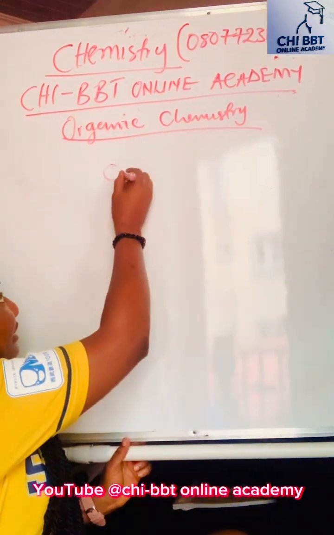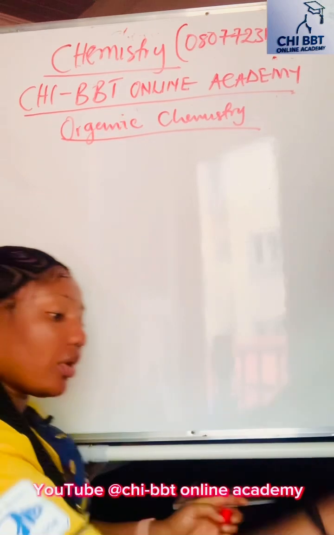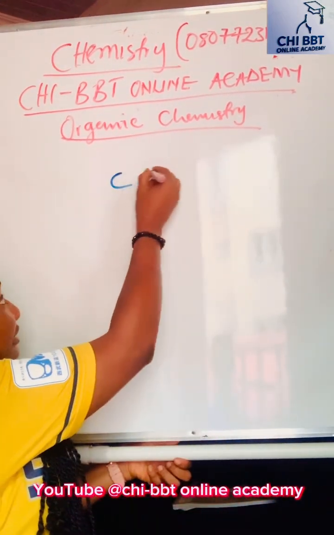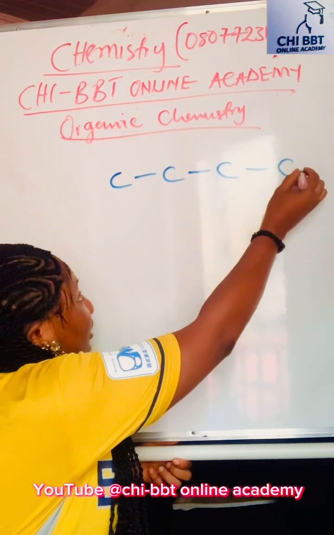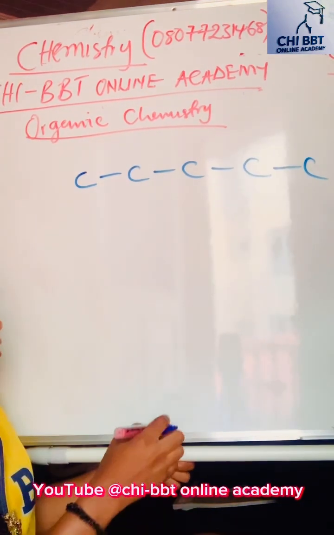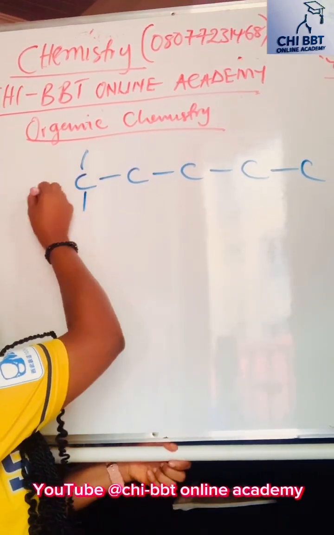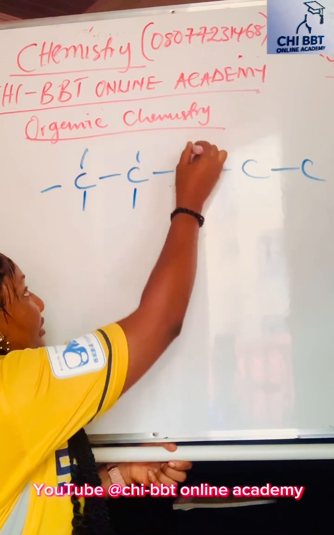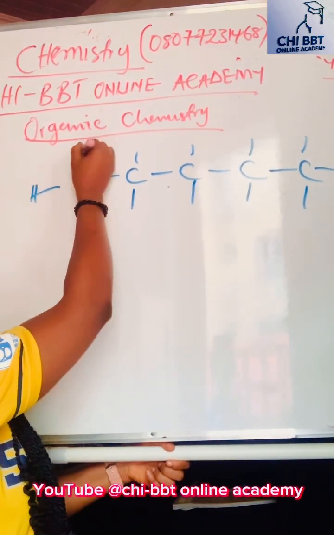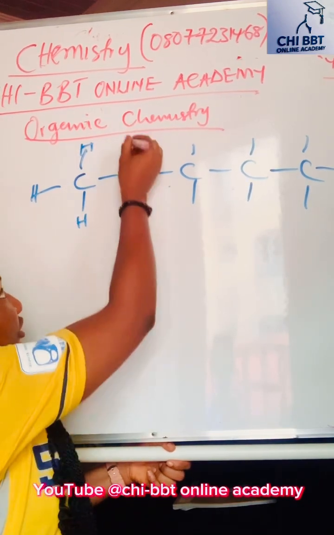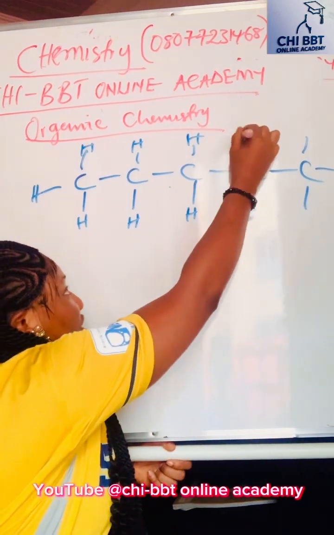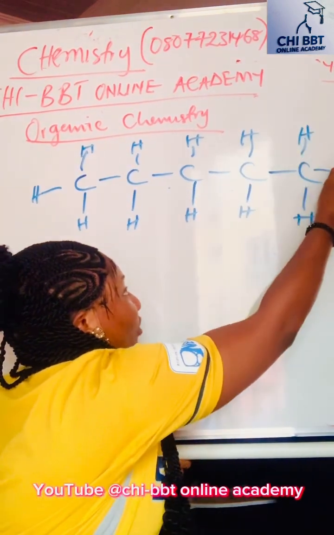A pentane is C to C to C to C, 1, 2, 3, 4, and another C. That is 5. These are the bonding. So you have 1 hydrogen here, 1 hydrogen here, and so on, on each bond.